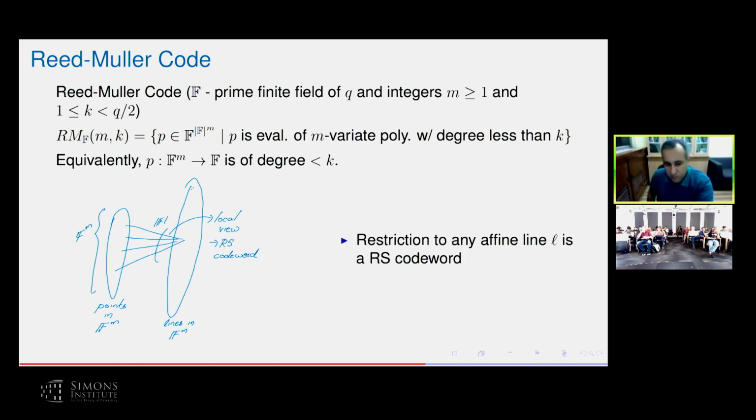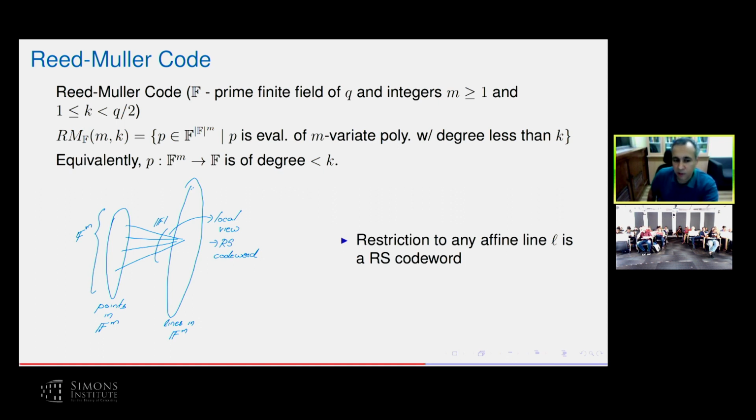And the right-hand side says the local view of every right-hand side vertex, of every constraint, should be a low-degree polynomial. In particular, once it's restricted to a line, it becomes a univariate polynomial. Therefore, the restriction of the Reed-Muller code to the particular line corresponding to every constraint on the right-hand side should be a Reed-Solomon code.